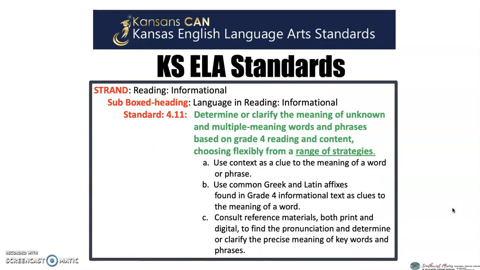So critical, in fact, that the Kansas ELA standards identify them as learning outcomes. Look at grade 4, for example, language and reading for informational text, and you will notice that the outcome is that students clarify the meaning of unknown words by using different types of word learning strategies.